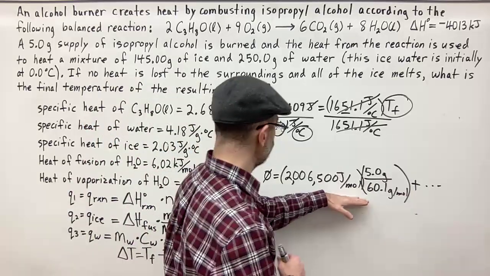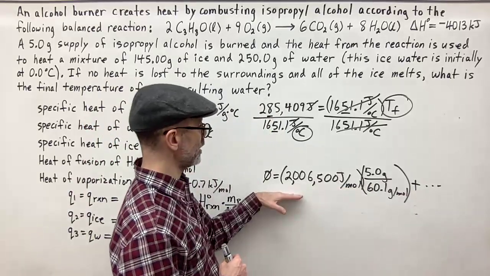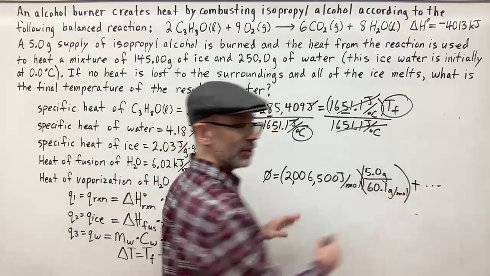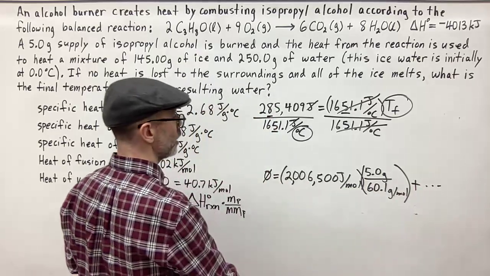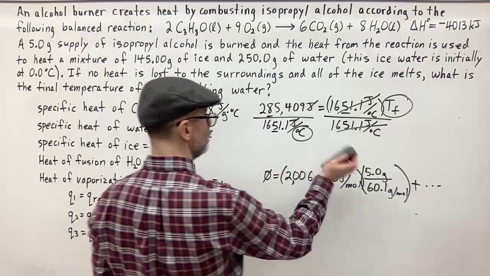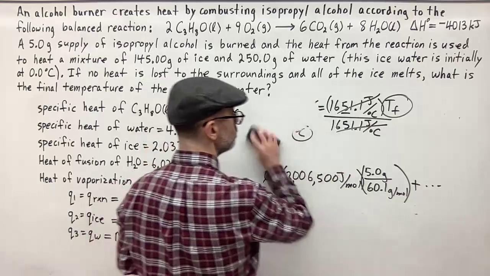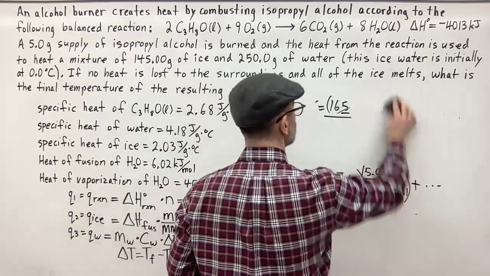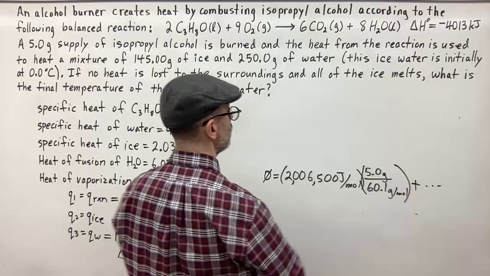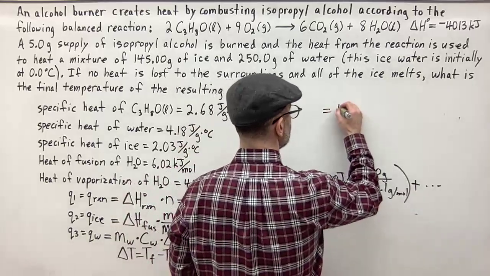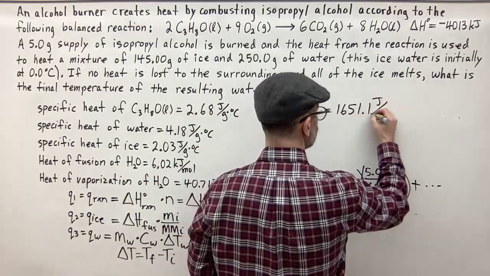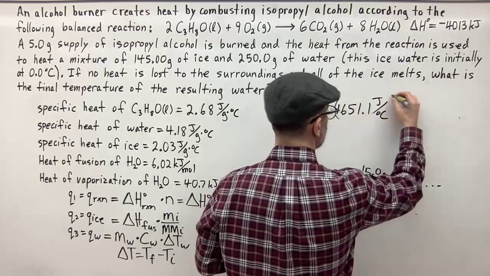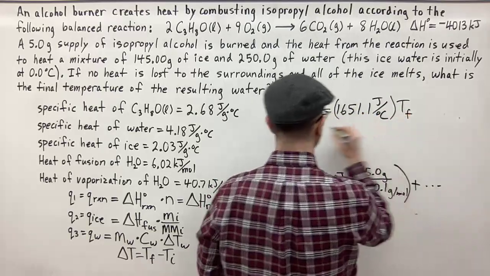And if you get this and you do the calculation just as I did before, what you should end up on this side of the equation is going to be equal to 1651.1 joules per degree Celsius multiplied by the final temperature.